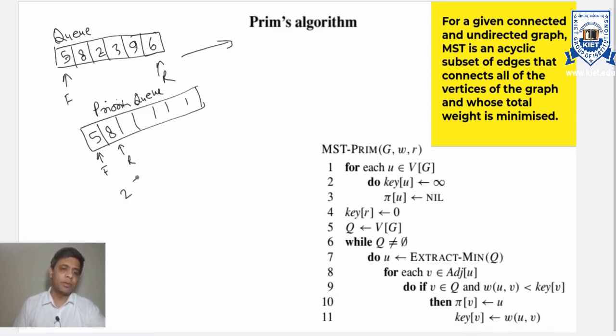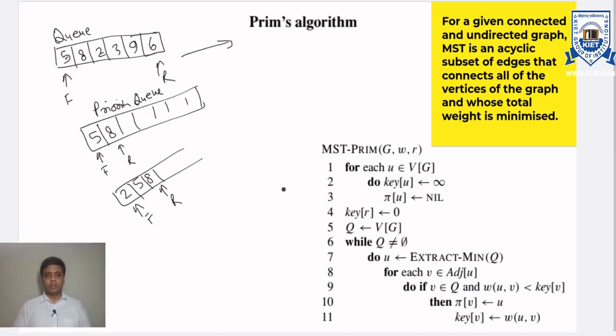So that would be the picture after inserting 2, front here, rear here. So that is the priority queue. If the data value itself is the priority, then that is how the priority queue would work. We are going to use this concept in Prim's algorithm.